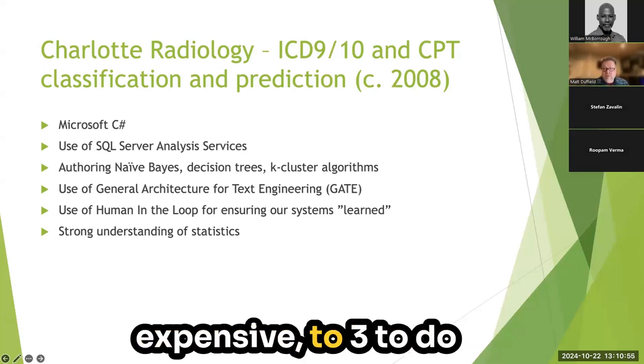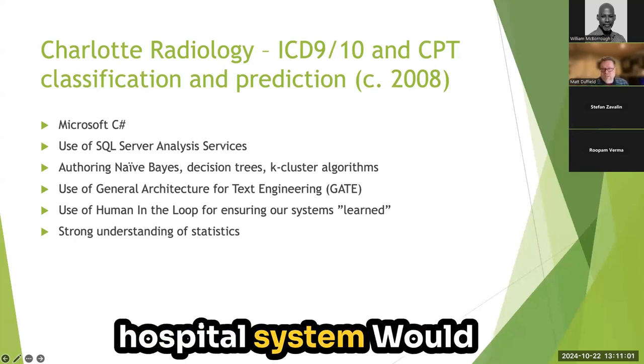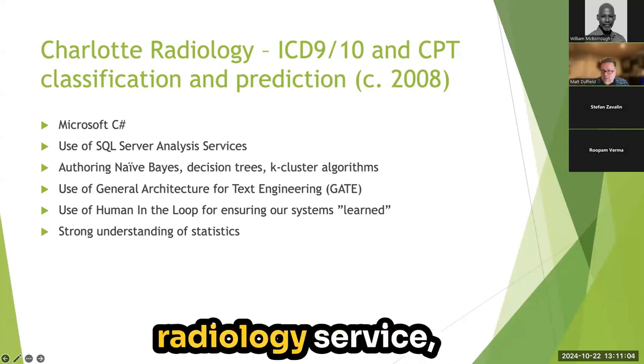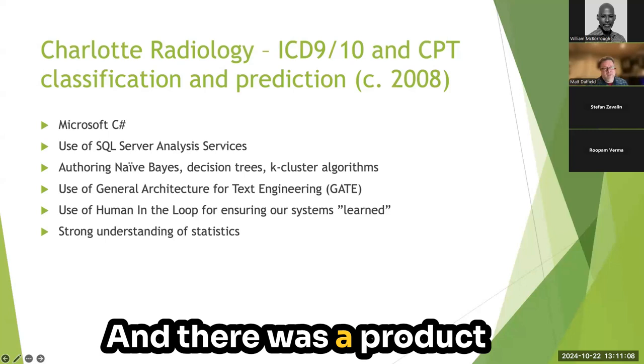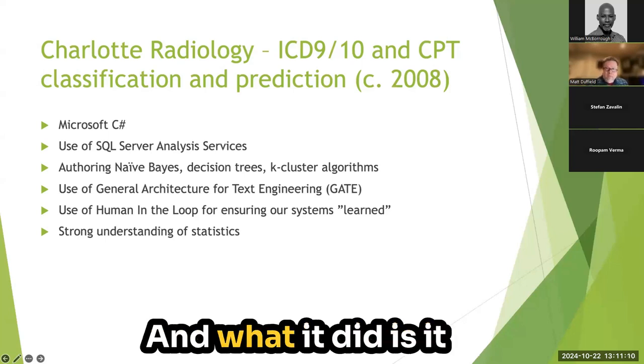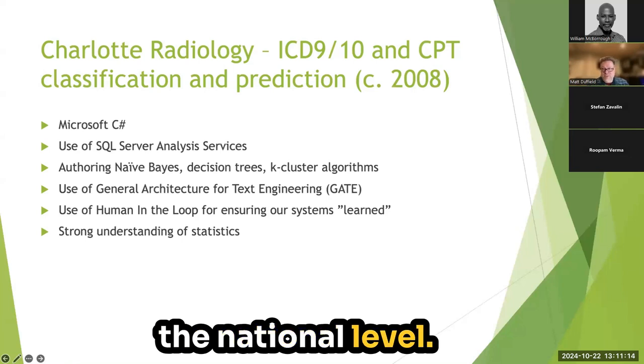When we were working on this project, there were several products out there that offered this, and they were very expensive, $2-3 per report to do classifications. Imagine what a hospital system would be doing, like Charlotte Radiology servicing multiple hospitals, and how expensive that could get. There was a product called CodeWrite, which trained its machine learning model at a national level.